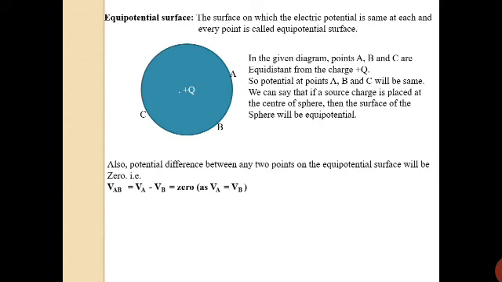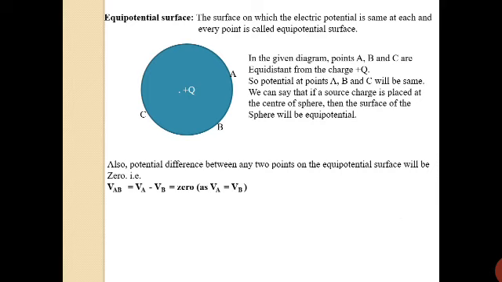And it is understood that if A, B and C, all three points, have the same potential, then the potential difference between any two points will be 0, because it is the same. So V_AB, that is the potential difference between A and B, will be 0. Same between B and C will be 0, or any two points on this equipotential surface, the potential difference will be 0.